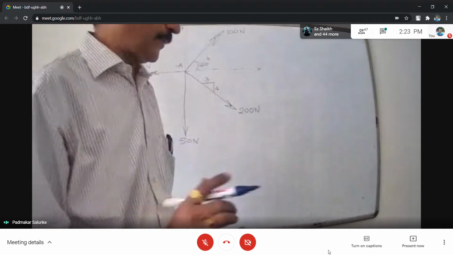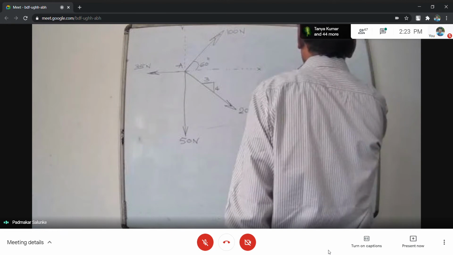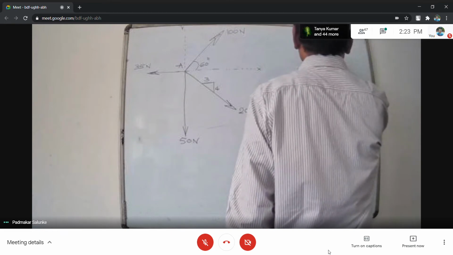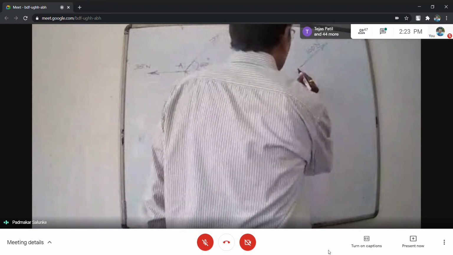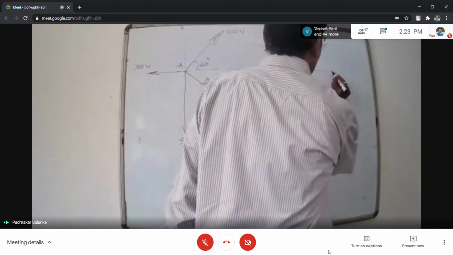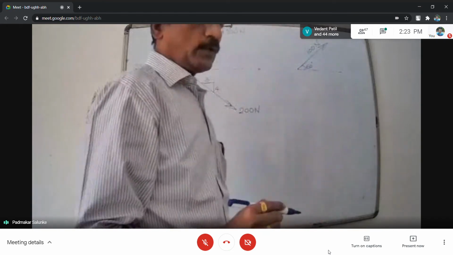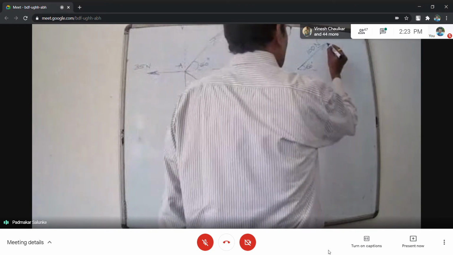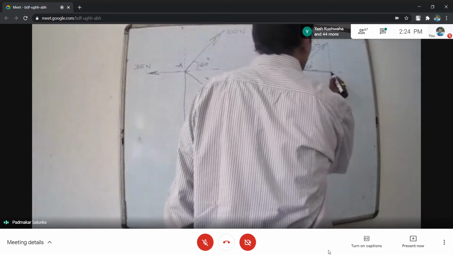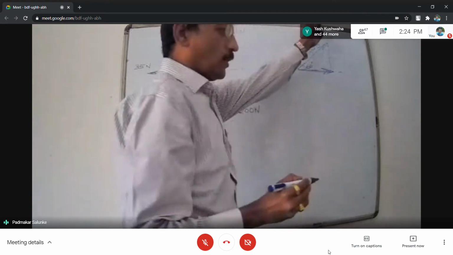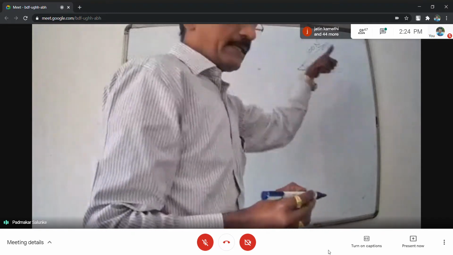This is the 100 Newton force. Its angle is 60 degrees with the x-axis. For this force, there are two projected lengths. One is along the x-axis. If I look from the top, this force appears not inclined, but directed to the right.